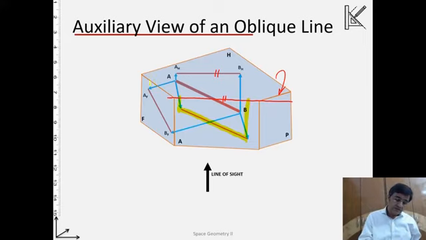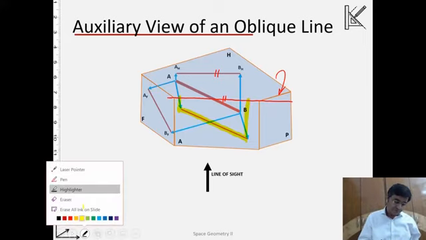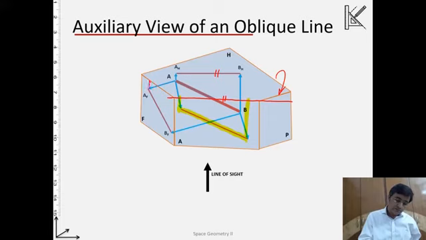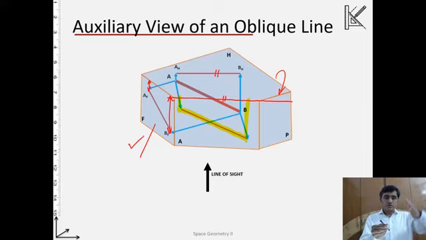So I can say I'm talking about this distance and this distance. This distance is known to me because the projection of the line is known to me. Well, the interesting thing is, because my auxiliary plane is also orthogonal to the horizontal plane, it is the same as the frontal plane.